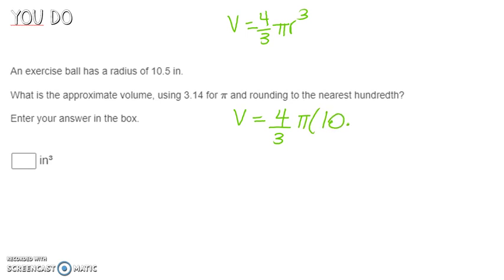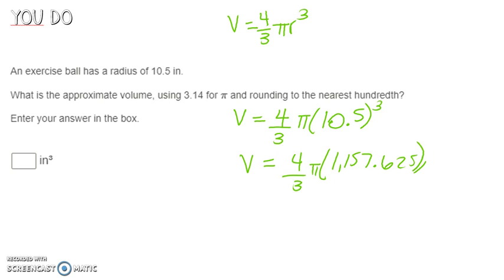So our volume is equal to 4/3 pi. My radius is 10.5. So when I cube that, I would end up with 4/3 pi times 1157.625. And remember, that is not our final answer.